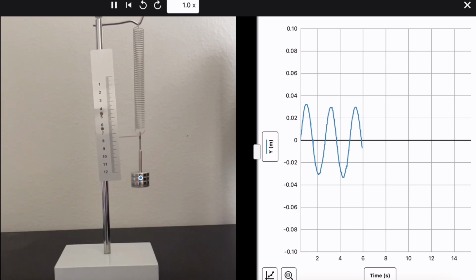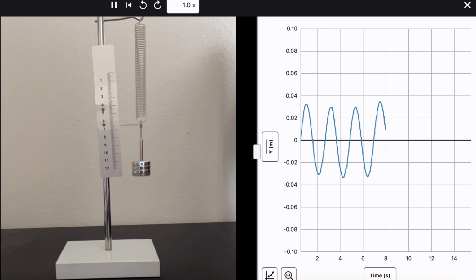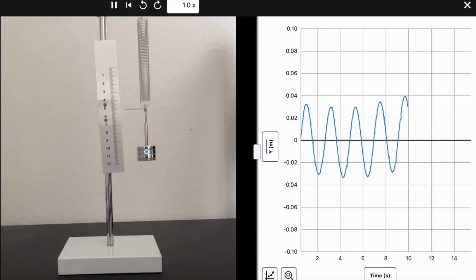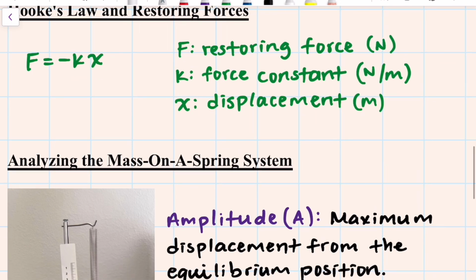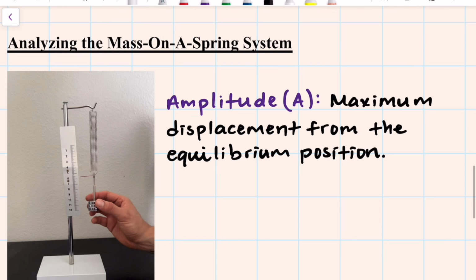If we were to solve Hooke's law using more advanced physics concepts, we would end up with an equation of motion that would describe the position of this mass on a spring at any time, and it uses the sine wave. These waves are called sinusoidal waves. If you are taking pre-cal, you learn about those types of waves.